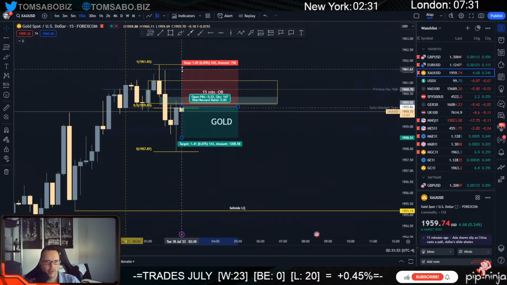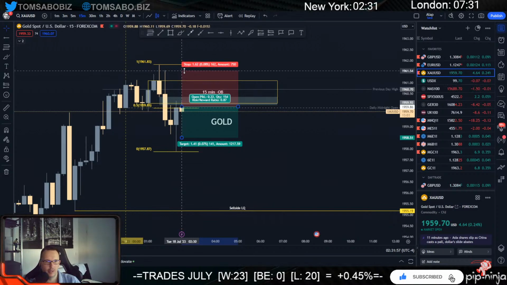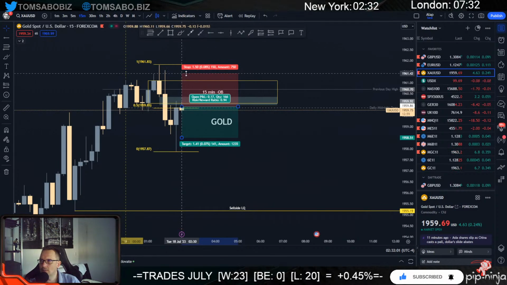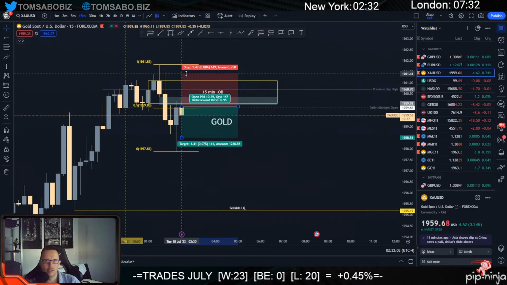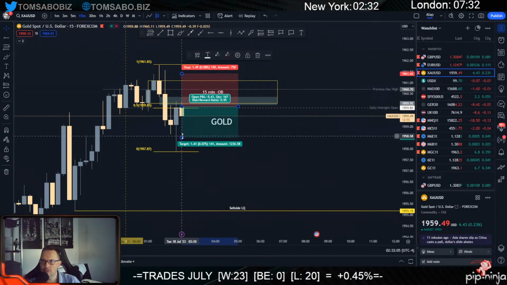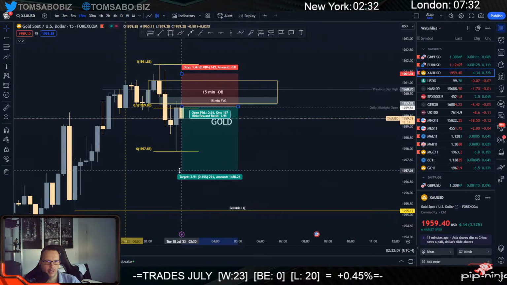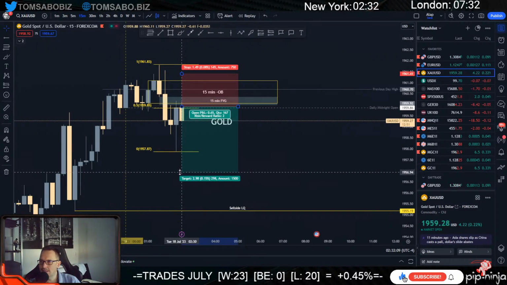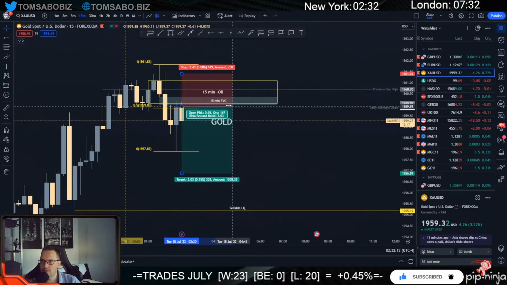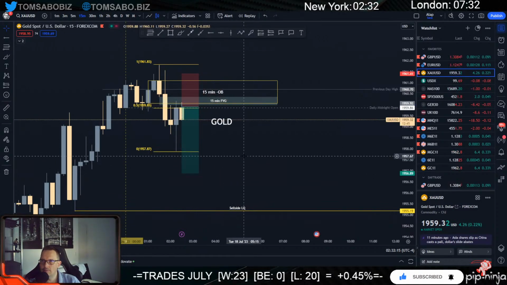There. 61.41. 61.41 is my stop loss. Really? That's where I put my stop loss. Interesting. And my TP2 is 56.89. All right, so this is the trade I'm in right now on gold.